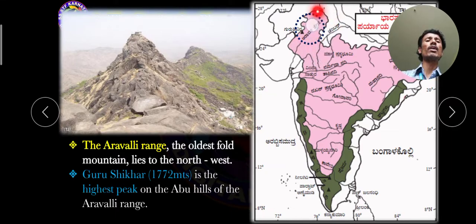Guru Shikhar is the highest peak in the Aravali ranges. This is a very important map place.